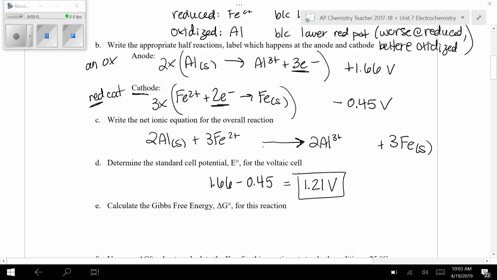And the delta G is negative nFE. The n represents the number of moles of electrons transferred in this reaction. So in this balanced redox reaction, there are 6 moles of electrons transferred for every 1 mole of reaction.